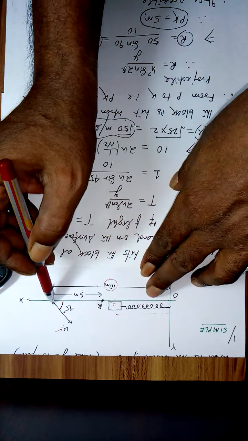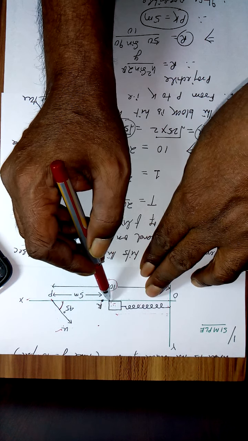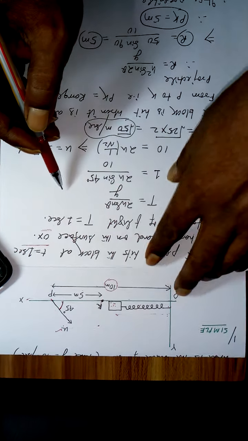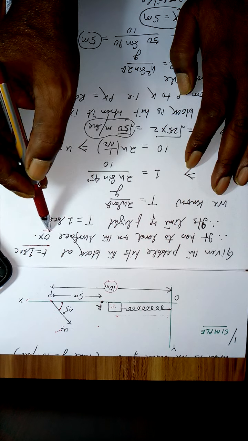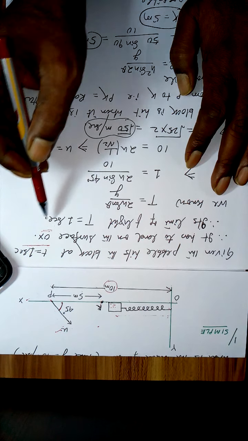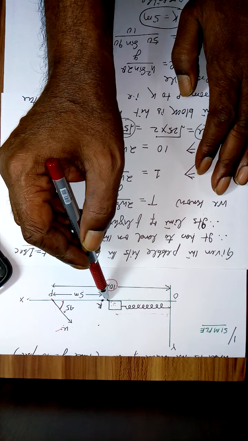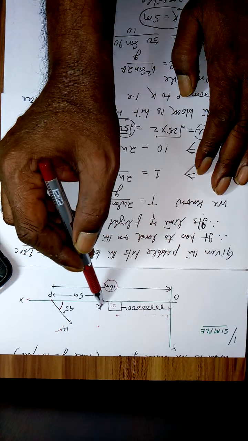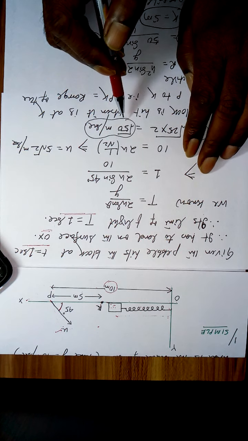If the pebble is here after 1 second, it will not definitely hit it. When it lands on the surface OX, it will hit. So it has to land on the surface OX in t is equal to 1 second. Therefore, for this projectile, the time of flight, capital T, is 1 second.